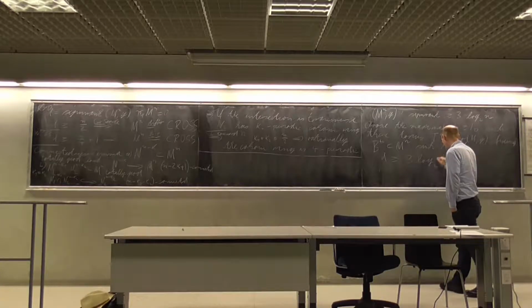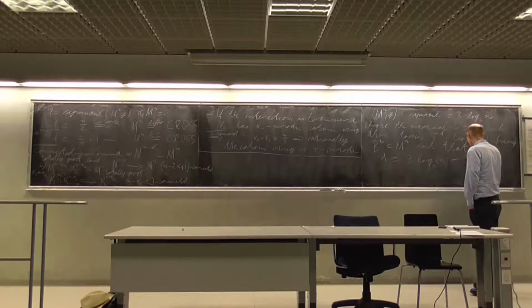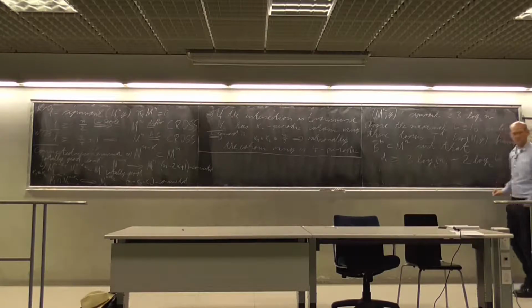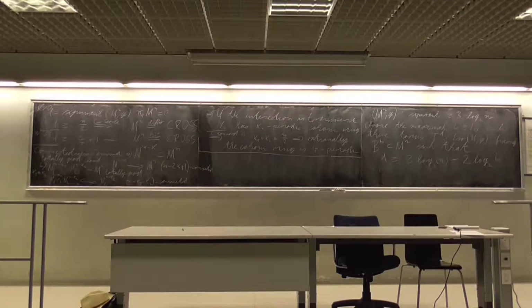So the right condition turns out to be this: d minus 2 times log 2b. So this is automatically a totally geodesic connected submanifold, right?